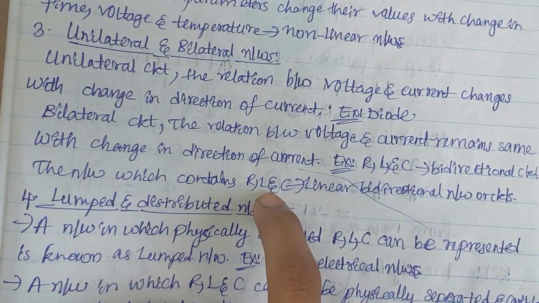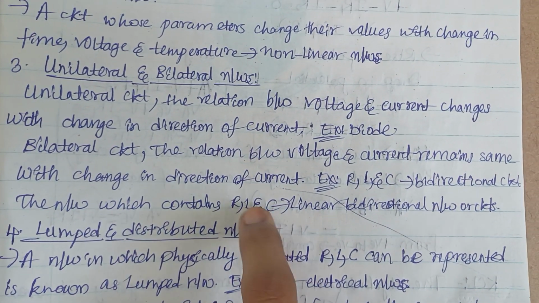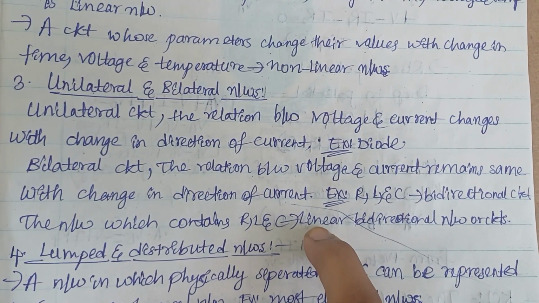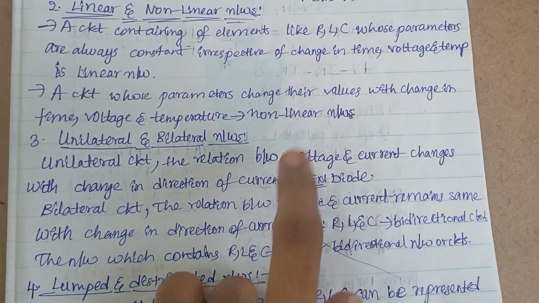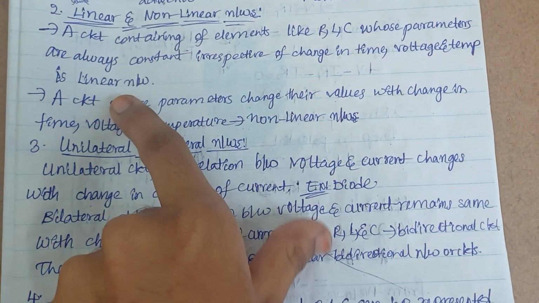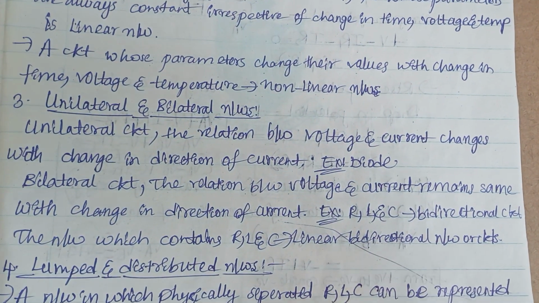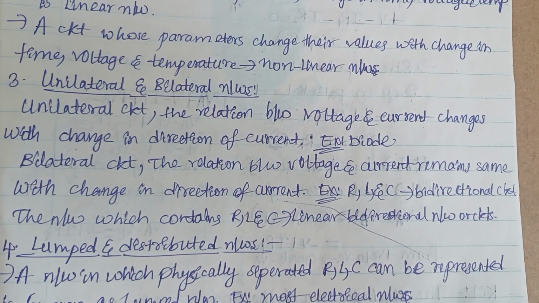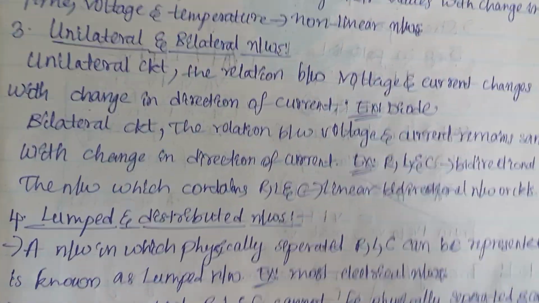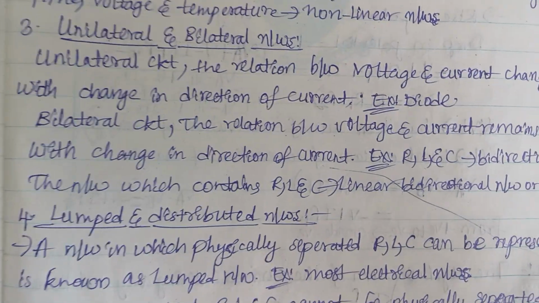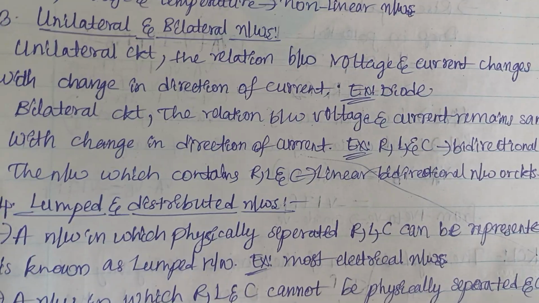And the network which contains R, L and C is said to be a linear bilateral network, because we say RLC is a linear network, and RLC is also a bilateral circuit, because it doesn't get altered with the change in direction of current. So we can define it as a linear bilateral network.